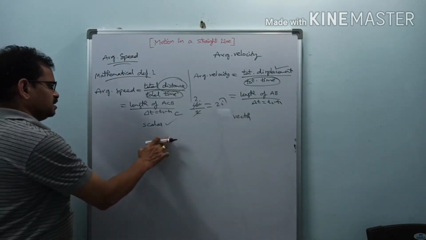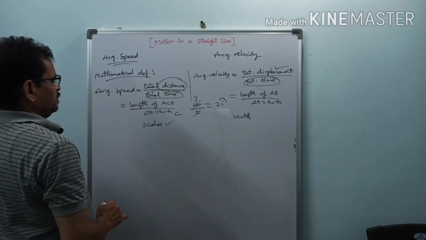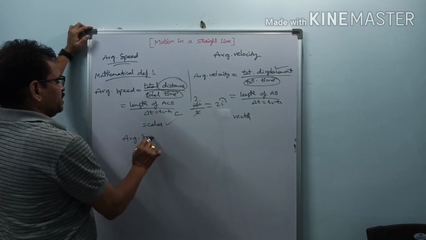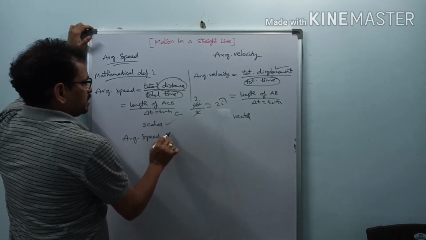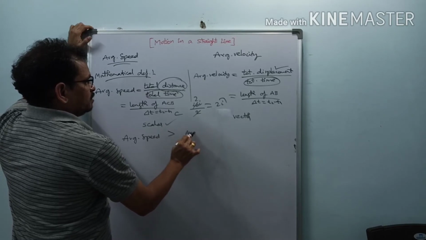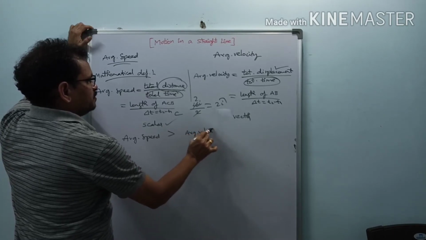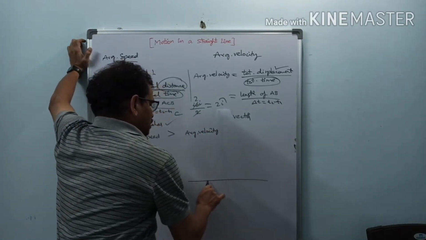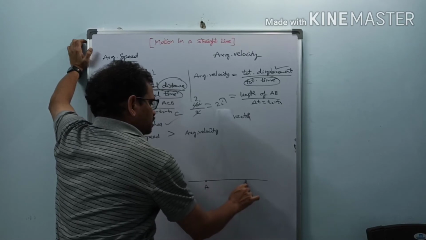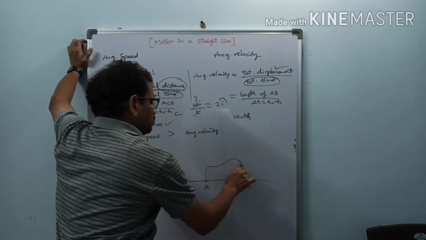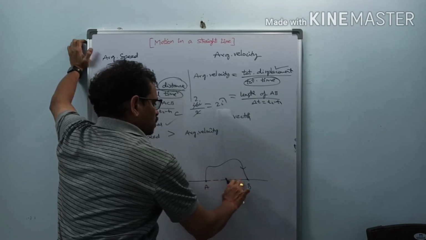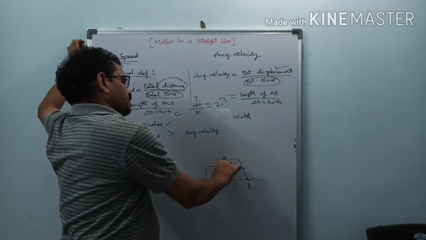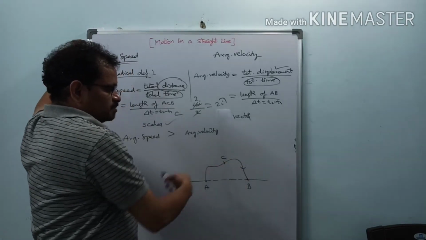And one more thing is here, average speed is always greater than average velocity. See, in this case, this is position A, this is the final point B, and a particle moves like this. If the particle does not move in a straight line, then what about the distance and displacement here?